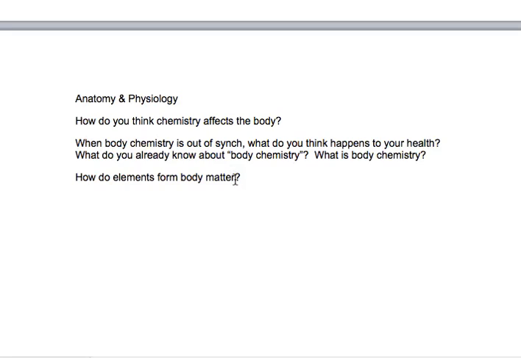Another example, how do elements form body matter? I could break this down even more to just say, list some types of body matter. What are those made of?